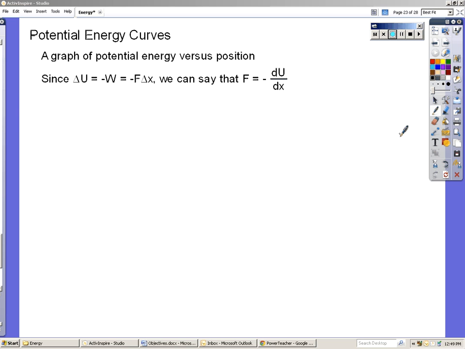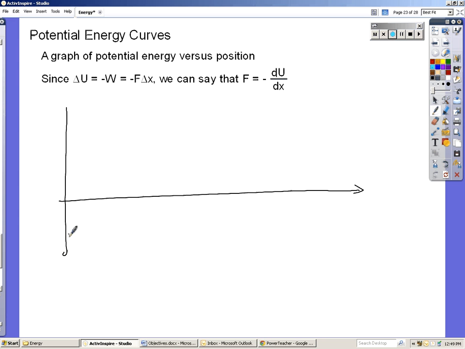This is video 8.4. We're going to be looking at something called potential energy curves. That is a graph of potential energy versus position. So, draw an example here. This is the energy associated with a particular force.